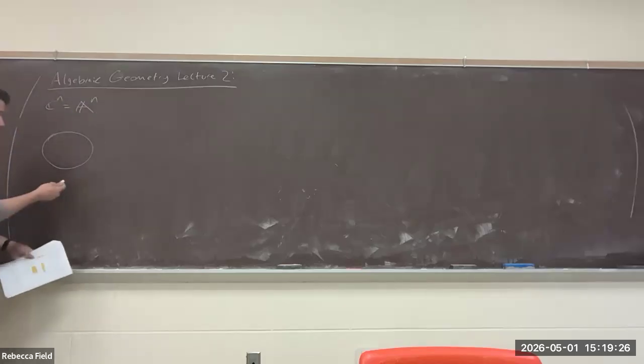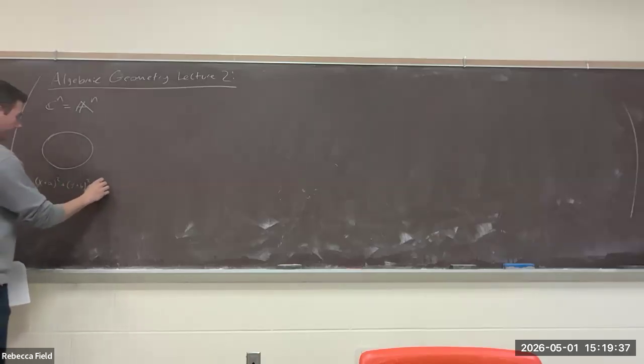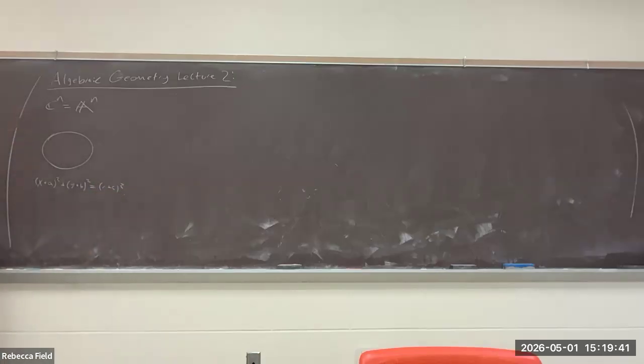So we would characterize this, instead of x squared plus y squared equals r, as really (x plus a) squared plus (y plus b) squared equals r plus c. And this is the condition that we're placing on affine space.